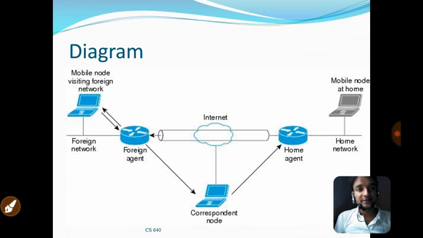When someone sends the data to the fixed IP, it will go to the home network, and then the home network will encapsulate those packets and send them to the foreign agent, and then the foreign agent will give the packets to the mobile node by decapsulating them.